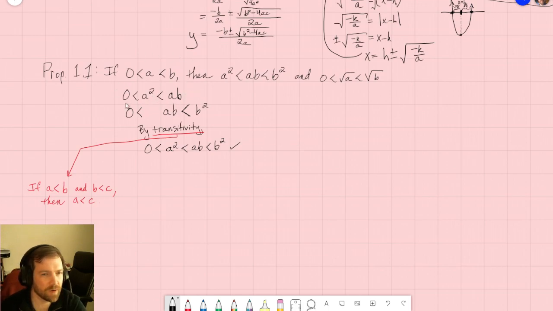So over here, what we did was we said let's take every single term and multiply by a. And since we know that a is a positive number, we're allowed to multiply across, and it doesn't affect the less than symbol.